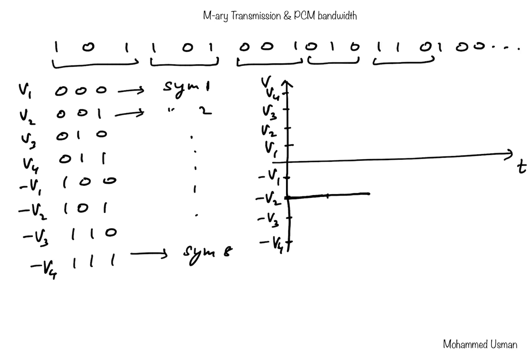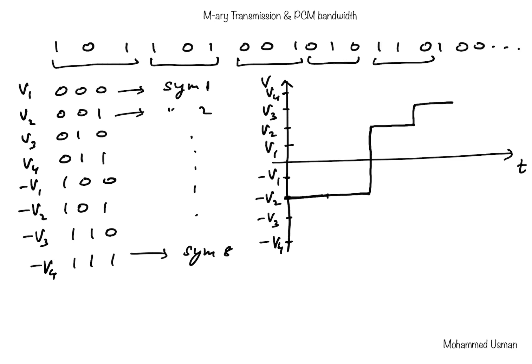Then we have 001. 001 corresponds to plus V2, so we'll have the voltage level going there. And then we have 010, which is V3, so it would be here, and so on. And then this way we will map our binary sequences to voltage levels.